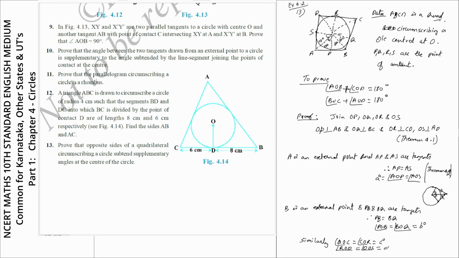Let us say it is D degrees. Same thing here, applying theorem 4.2, we get these angles. I'll mark in the figure: this is angle C degrees, this is D degrees, this is D degrees. So AA are equal, BB are equal, CC are equal, and DD are equal.